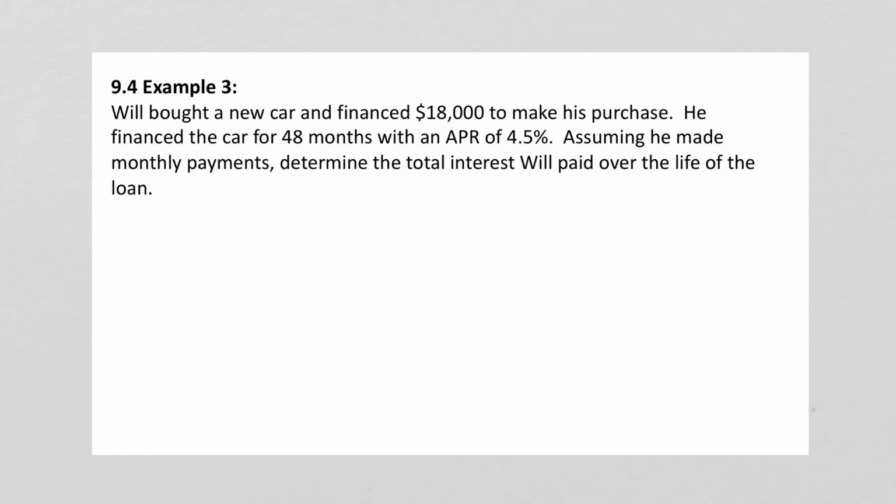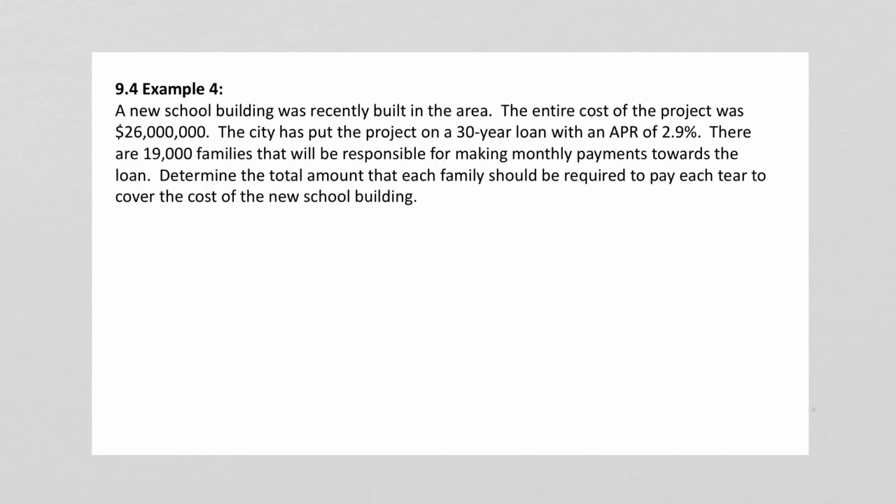But to figure out how much he paid total, we have to first figure out what was his payment. So we're going to use that same formula that we used above. The principal is $18,000.